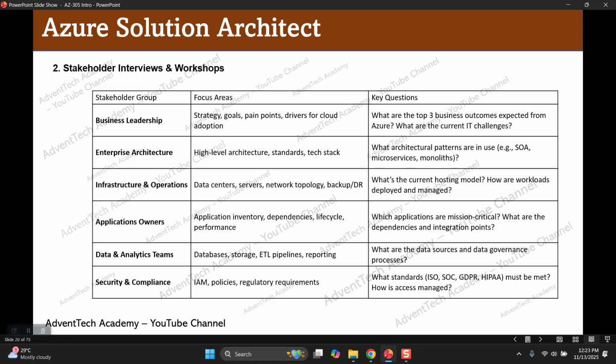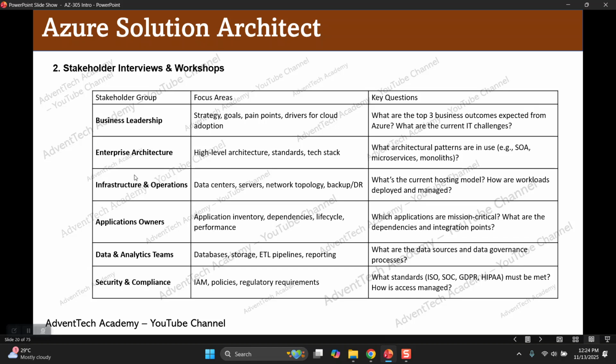So we need to ask a lot of questions to gather the information, like what are the top three business outcomes expected from Azure, what are the current IT challenges. So we need to schedule a meeting with business leaders and gather all this information. It will be helpful for the decision making process.